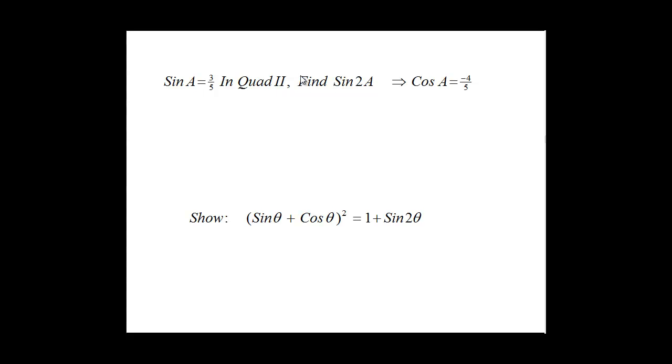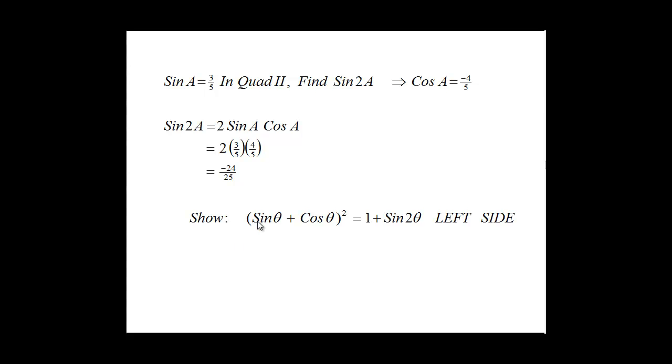That will come from a triangle that you need to draw in the second quadrant. Now, given that information, sine of 2a is 2 sine cosine. So it's 2 times 3/5 times negative 4/5. And when you multiply that out, 2 times 3 is 6 times 4 is 24/25ths. And it should be negative. Again, the cosine should be negative 4/5.